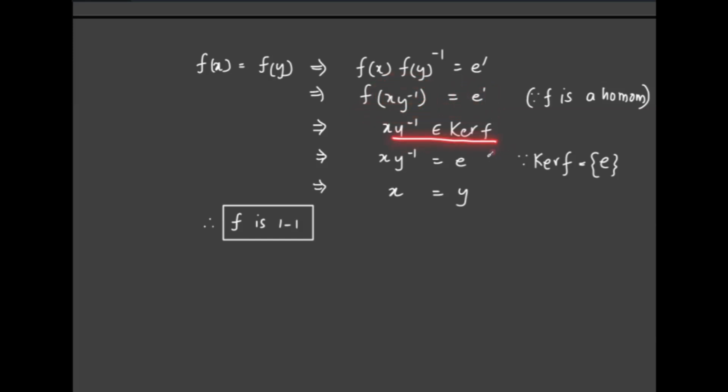But we already know that the kernel contains only one element, the identity. So x y inverse equals identity, and taking this to the other side we get x equals y. So we got f of x equals f of y implies x equals y. Therefore f is 1 to 1. So we have just shown that when the kernel contains only one element, it is equivalent to saying that f is 1 to 1.